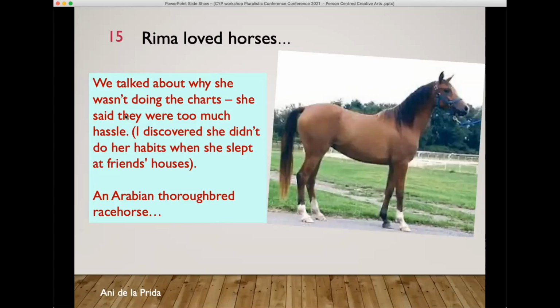Rena loved horses. And I have this thing that I quite often say, it was lucky that she loved horses, because I started to think about her and her context and what was really going on. I think in my experience, often kids who are very creative and very imaginative will often worry a lot. I see it as a survival thing.